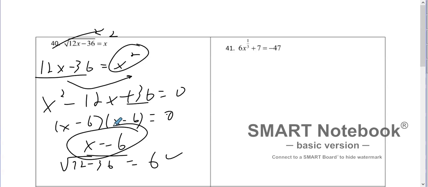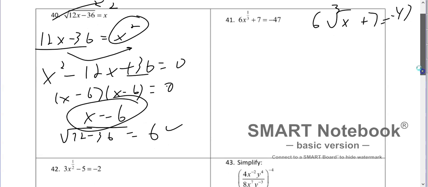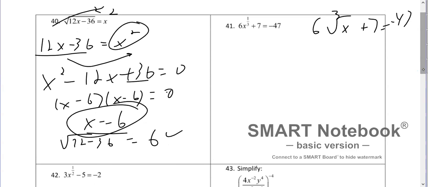All right. I need you to recognize here that this is the same thing as this. And some people prefer to work with it like on the right. Some prefer it like on the left. I'll show both. Either way, we need to get this and this by itself. So we got to get rid of the 7 first. So 6x to the 1/3 subtract 7 equals negative 54.